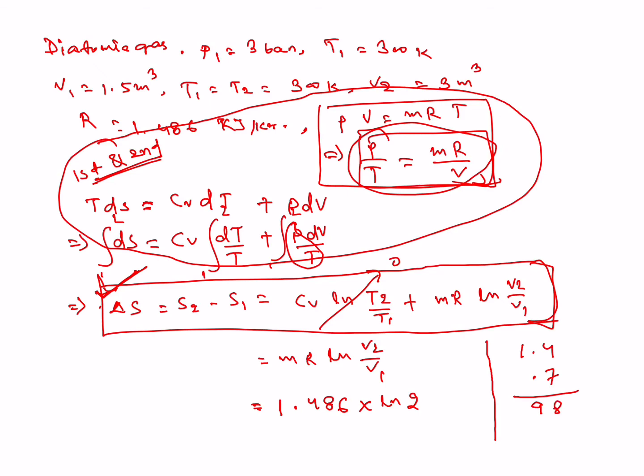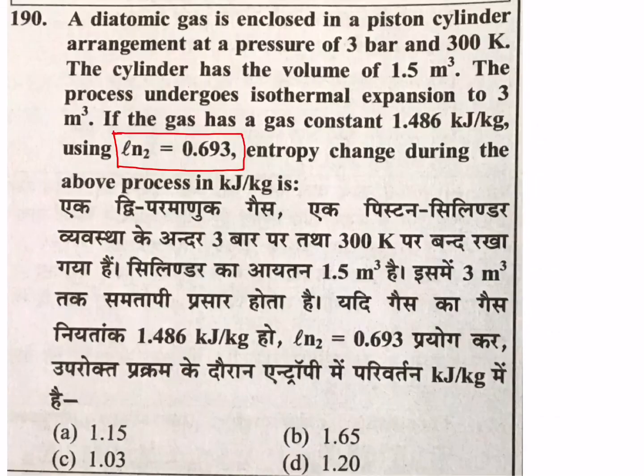Around 0.98 you will get. So 0.98 or approximately 1.03. From the options, 1.03 is the nearest value. So C is your correct answer.